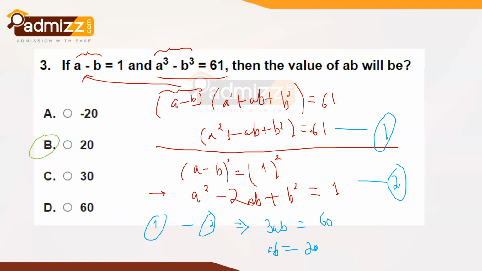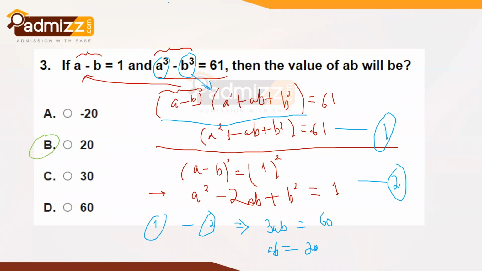All right, it seems some of you are still confused in this. It's quite easy. All right, so take a look at this. What we did, it's a two-step process, all right? So first, we expanded A cubed minus B cubed in this form, right? This is the formula for A cubed minus B cubed.